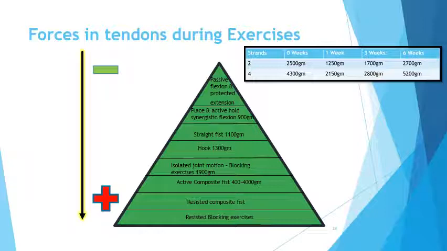An active composite fist is the danger. It can be up to 4,000 grams, and you can see that that is enough to injure and re-rupture the tendon. More force with resisted composite fist and thereafter resisted blocking exercises.